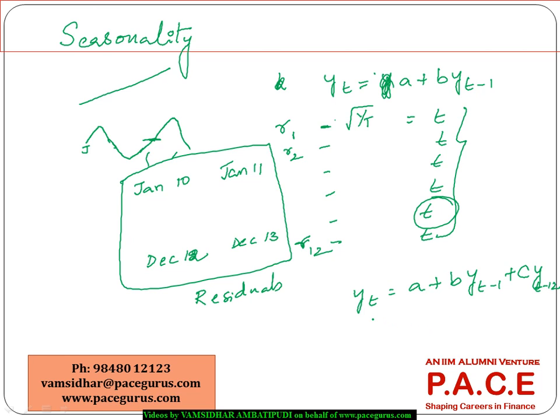That is one way we can immediately account for the seasonality adjustment as part of our predictive model. If we see that seasonality is present, you immediately take yt minus 12 as another input and go ahead with your regression model and the coefficients that come out.